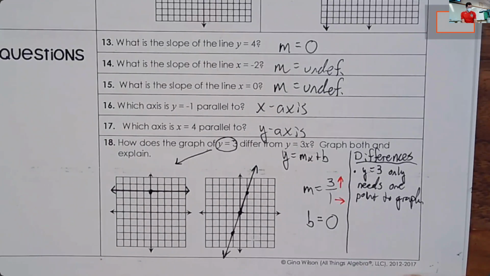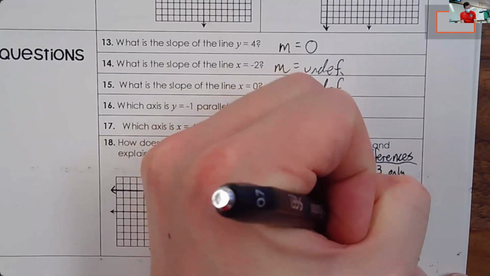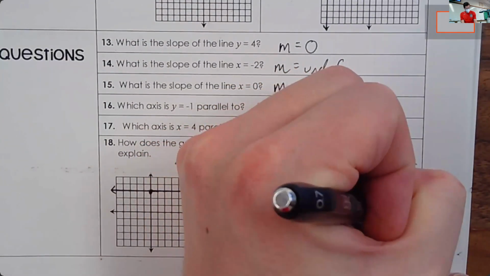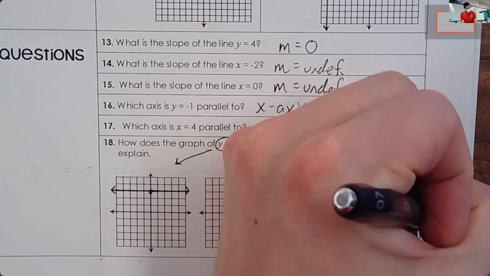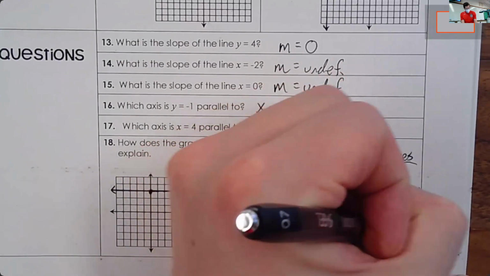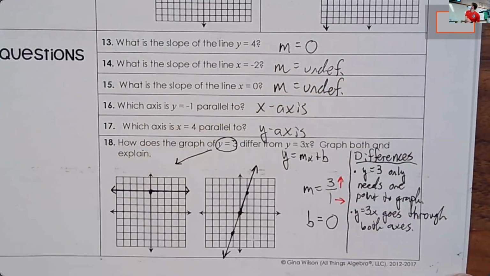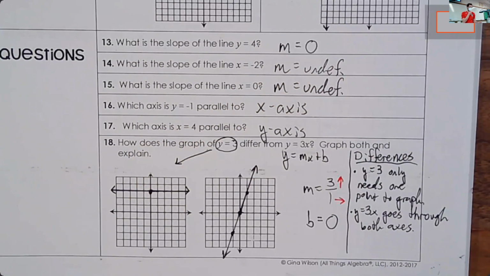Yeah, I like that y equals 3x goes through both axes. So y equals 3x goes through the x-axis and the y-axis, whereas y equals 3 just goes through the y-axis. That's another thing. Yep.